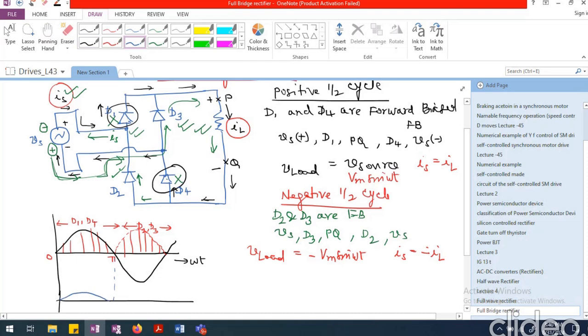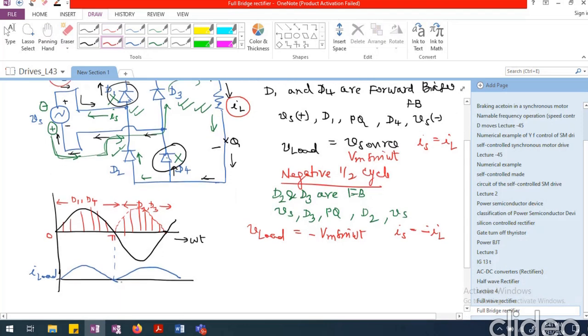So this is I load. Whereas if I look at I source, I load and I source are one and the same in the positive half cycle, but in the negative half cycle I source is exactly opposite to I load. This is the kind of waveform we get.